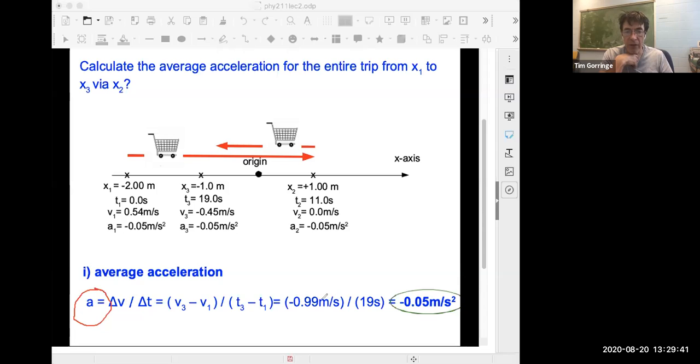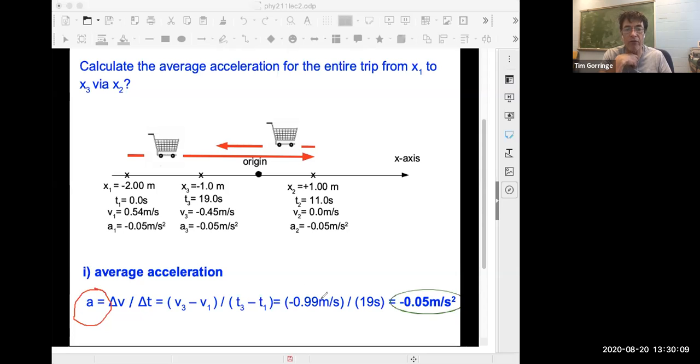You have to be careful about signs, again, for the velocity here. The final velocity is negative, it's minus 0.45. The initial velocity is positive, it's 0.54. So when you put in V3 and V1, you've got to remember that V3 is negative and V1 is positive, and that's why you get this big negative change in velocity.